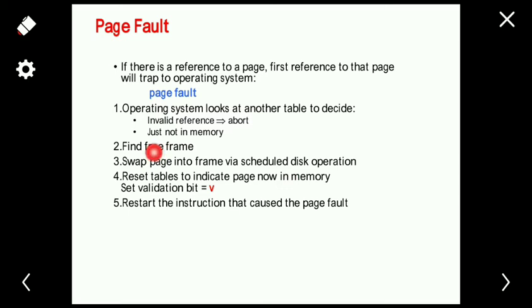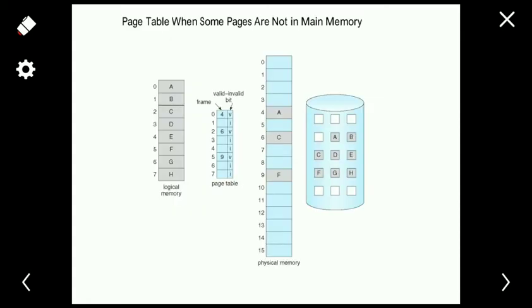The OS will find a free frame in the main memory and swap the page into the frame via a scheduled disk operation. That means it is going to get a free frame in the physical memory. If the main memory is full and there is no free frame, then it will swap some data out of the main memory and fetch the page into the main memory.